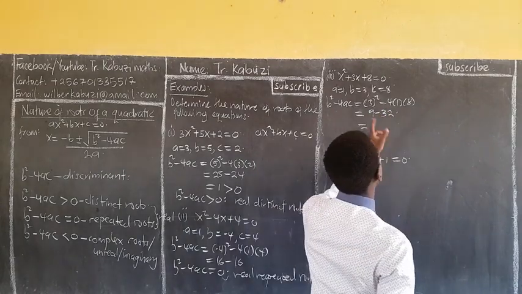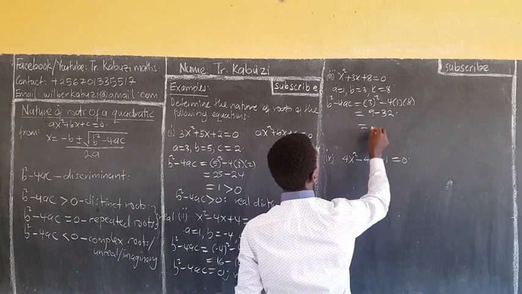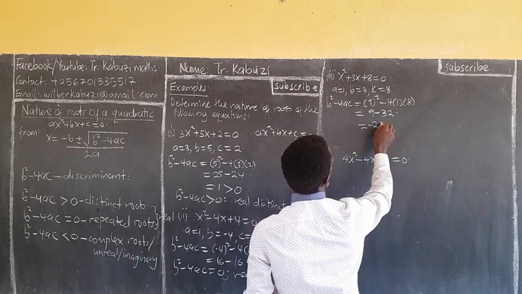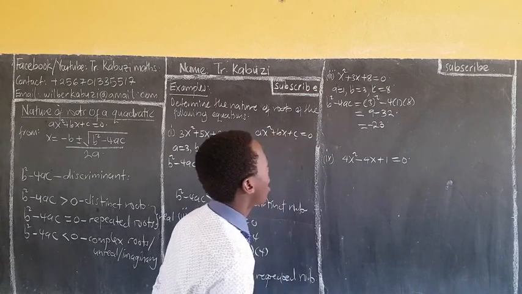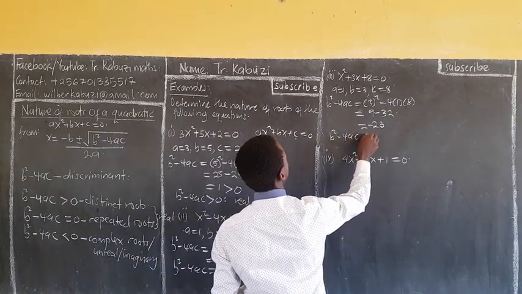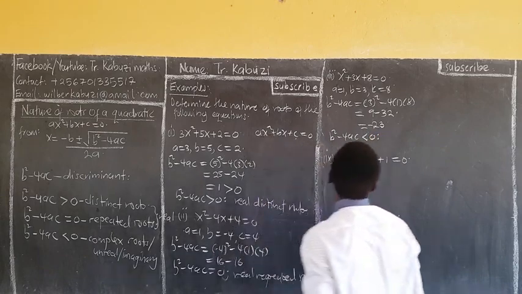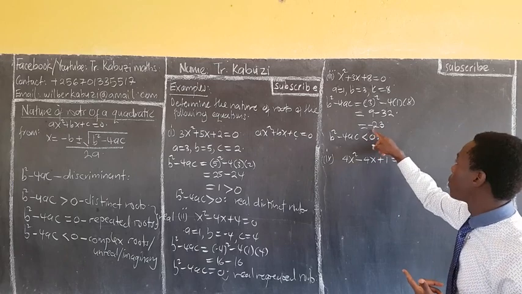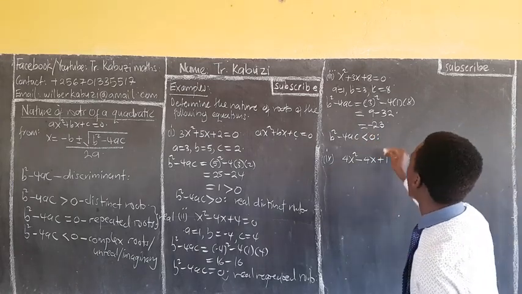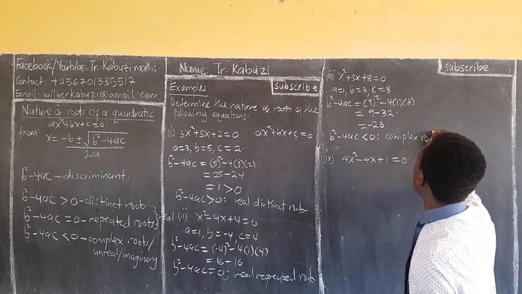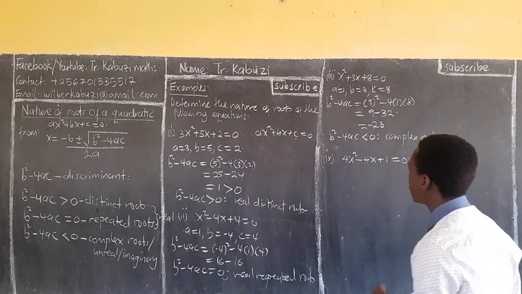When you subtract, you get negative 23. This is less than 0. So b squared minus 4ac is less than 0. What does it imply? Because it's negative, the roots we are going to have here are complex roots. So the nature of the roots of this equation is complex.